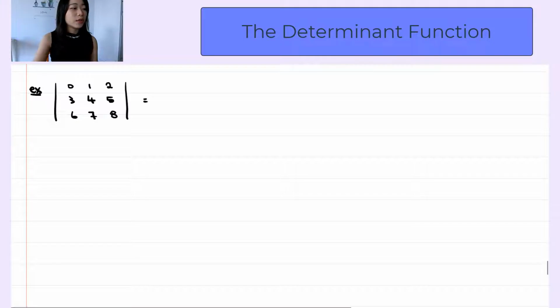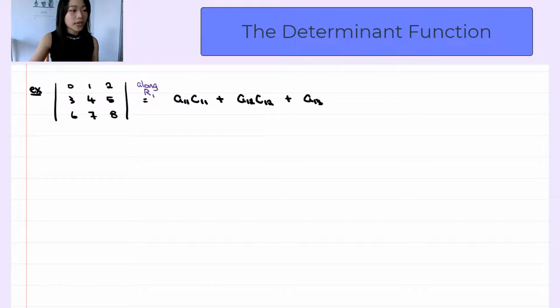Let's start with along the first row, which is A11 times C11 plus A12, the second entry in the first row, times its cofactor, then plus A13 times C13. So this equals A11 is 0, so the first term will be 0.